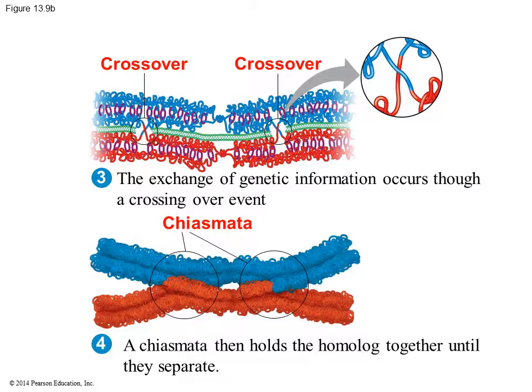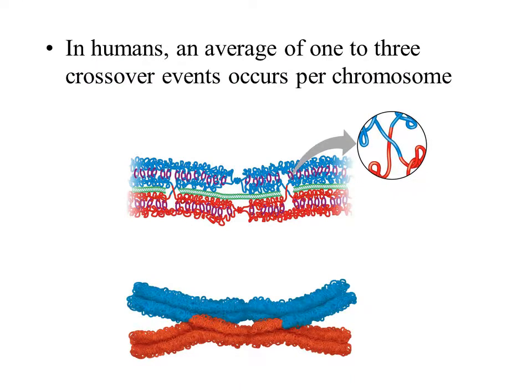Number 4, now the chiasmata is going to hold the homologous chromosome together through the rest of prophase 1, through the rest of metaphase 1, until they separate. Once they separate, now if we look at this bottom image, the top blue is all dad.